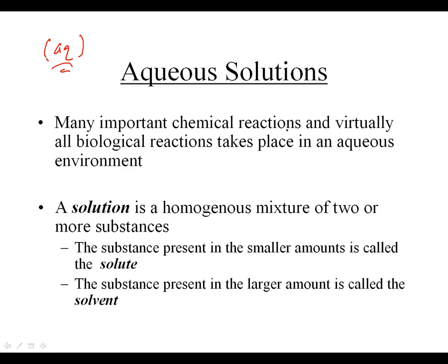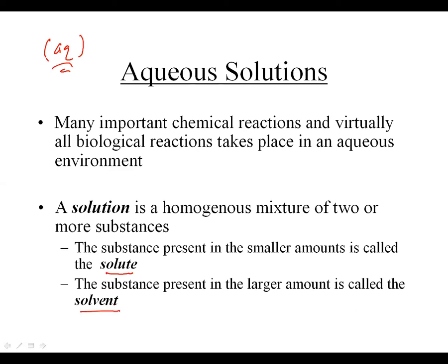Now, an important part about a solution is there's actually two parts to a solution. A solution is actually made up of the solute, and the solute is the smaller part of the solution. So in our example of the sodium chloride solution, it would be the sodium chloride part, not necessarily the solid. The sodium chloride part would be the solute, while water would be the other part of that solution, and that is what is known as the solvent.